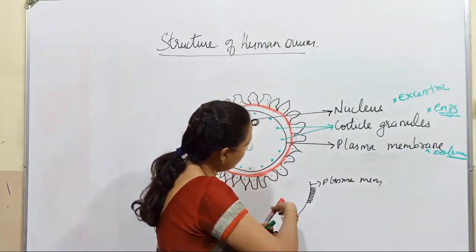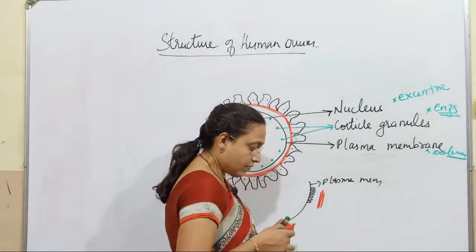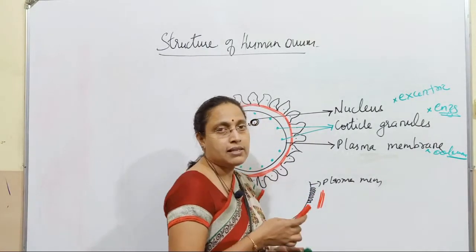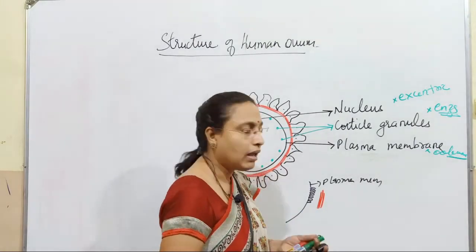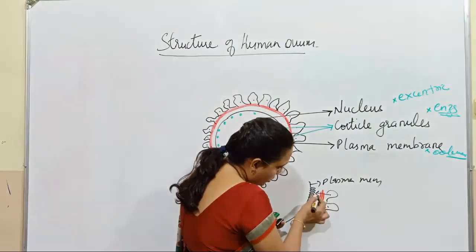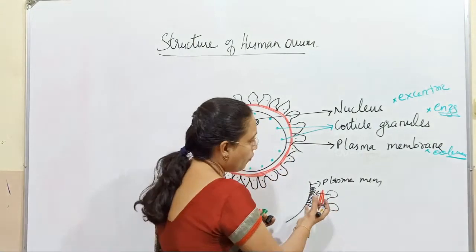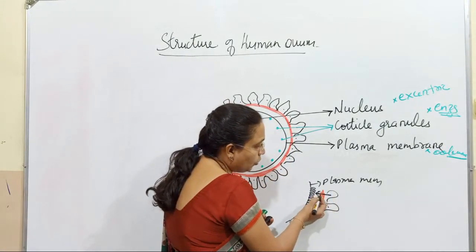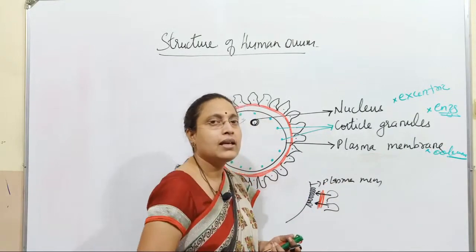Zona pellucida comes, as we will explain later. Then after that comes the corona radiata cells. They are derived from the follicular cells which were previously there. So it will try to extract nutrients. It increases the surface area for taking the nutrients that are being provided by surrounding cells.